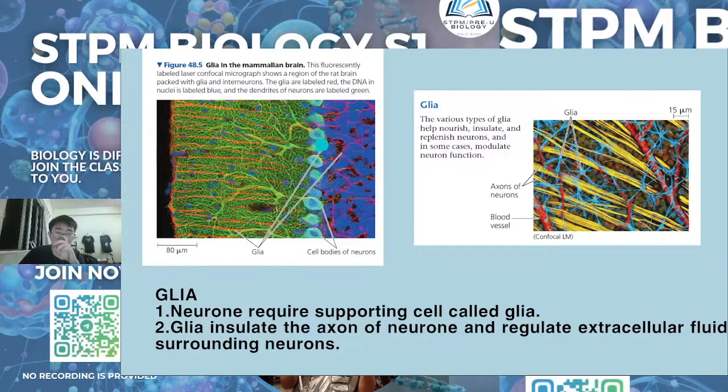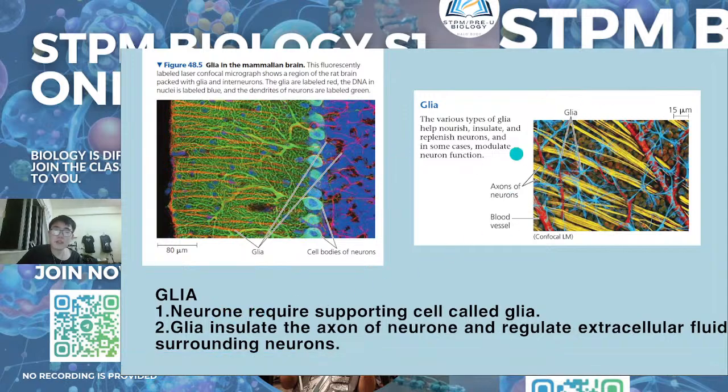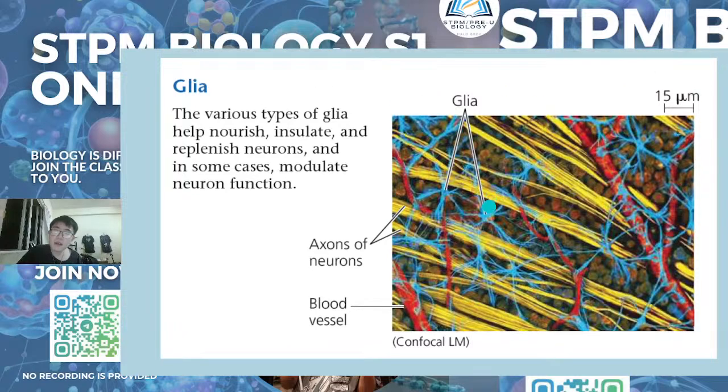So this is the structure of the neuron. This is just additional information. We have one type of cell we call glia. Glia is the supporting cell for the neuron. You will see here the blue ones are glia and the yellow ones are our neurons. Glia looks like fiber and provides support to the neuron cells.